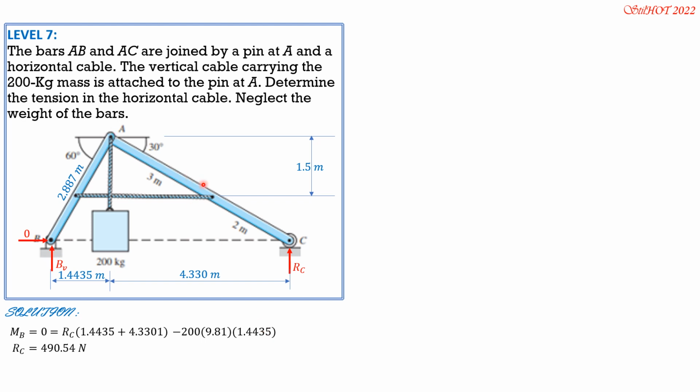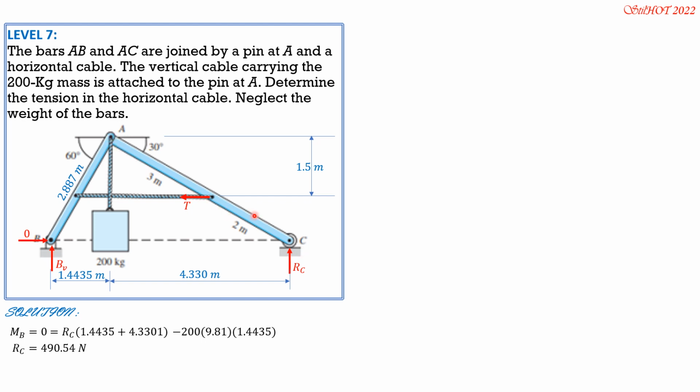Supposedly, we're going to isolate the free body diagram of this member. So we have tension here. And since we plan to sum up moments about A, although there are pin reactions at A, all forces acting at A will not be involved in the moment equation. So it's useless.